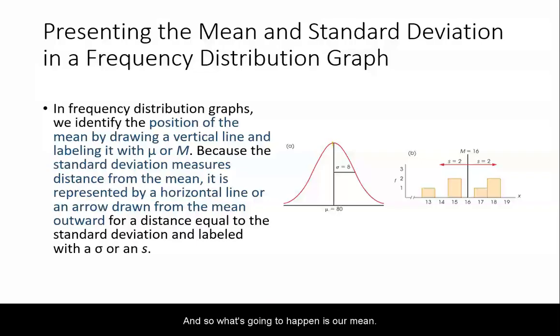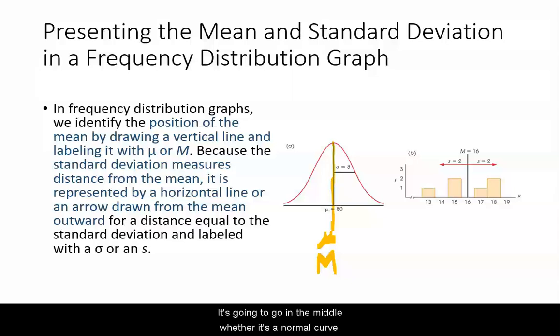Our mean, whether it's our population mean mu or our sample mean M, is going to go in the middle. Most of the time going forward, when we're talking about standardized scores and so forth, we're going to be talking about a normal curve, one that's symmetrical and that is the highest in the middle.